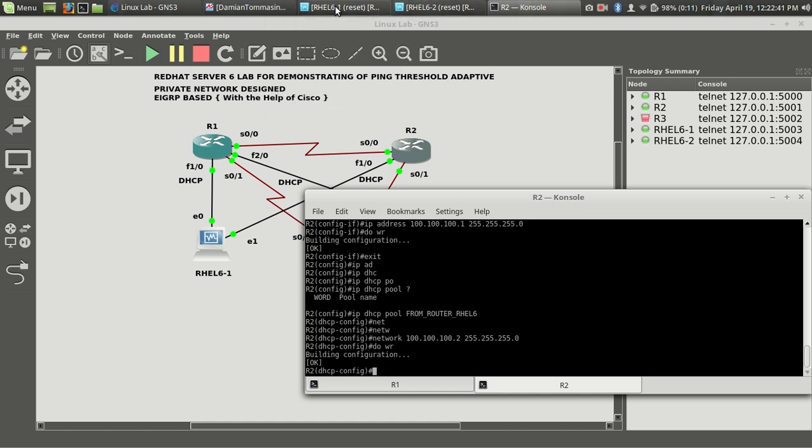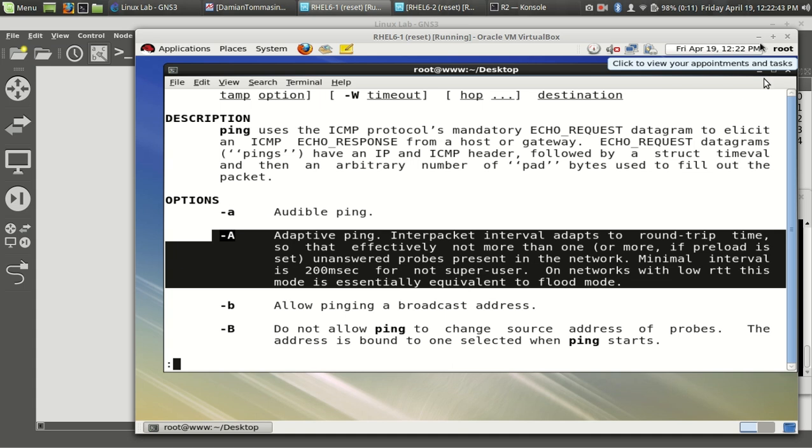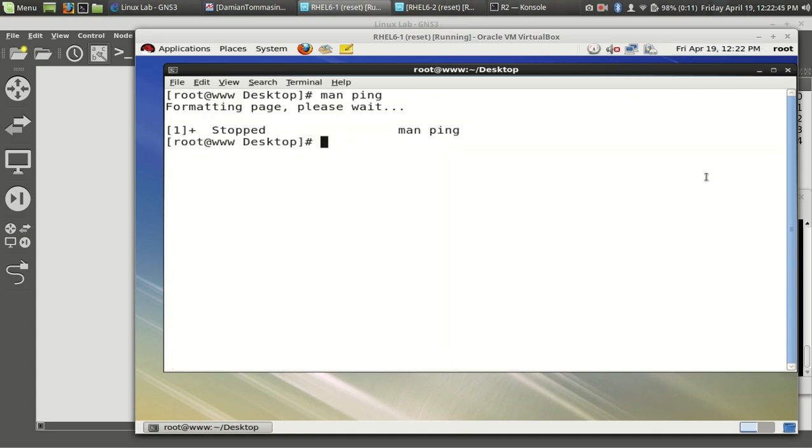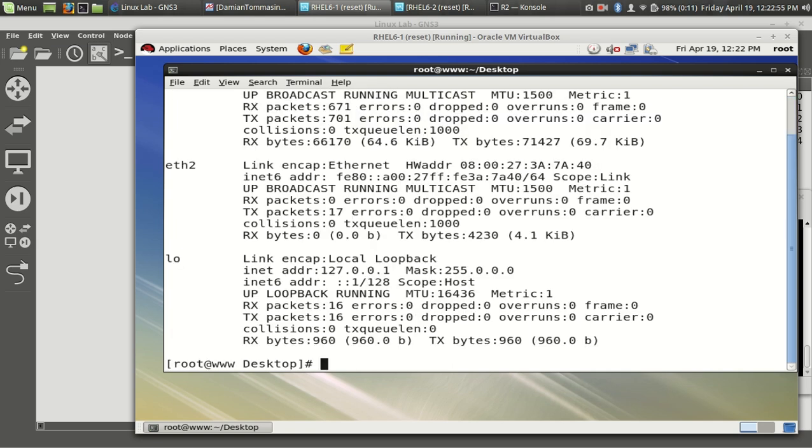Where is Red Hat 6 server 1? Again I will see if I get the IP address. Nothing. ifdown eth, this is the command.